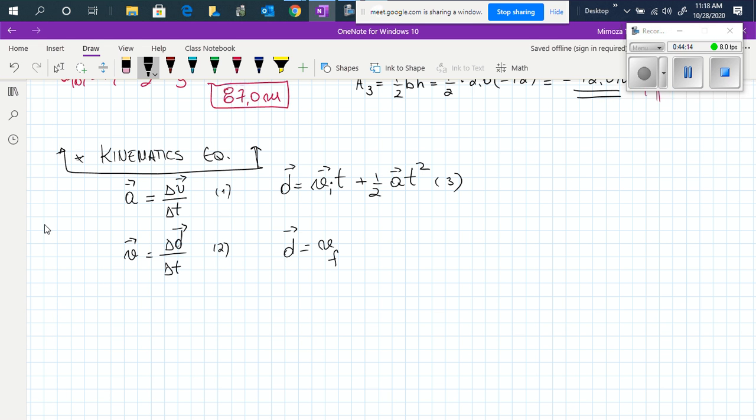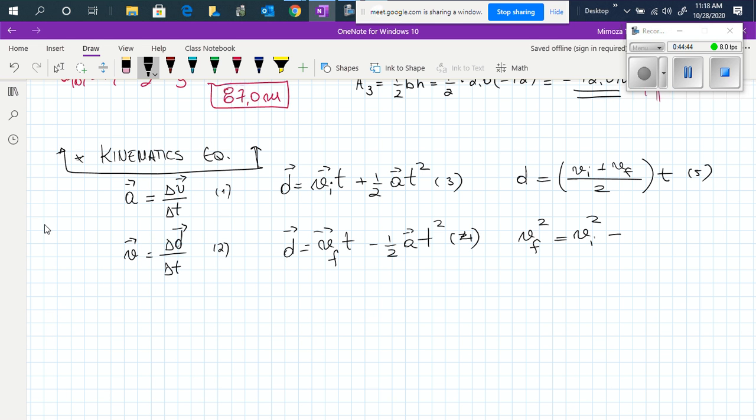Another one that you have is displacement equals V final T minus 1 over 2 A T squared. This is equation 4. And then you have displacement is V initial plus V final over 2 times time. And this is, let's say, equation 5. And then next one is V final squared is equal to V initial squared plus 2AD.